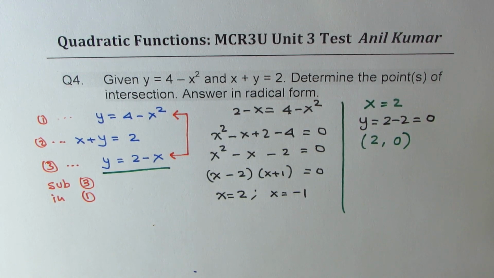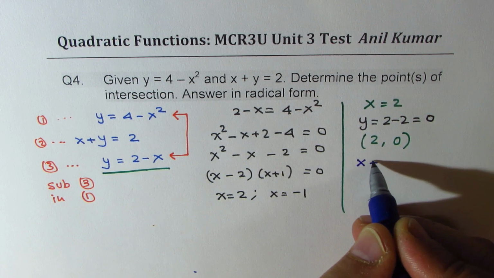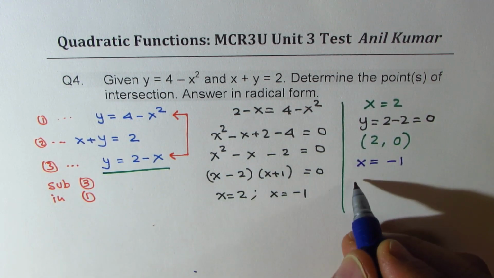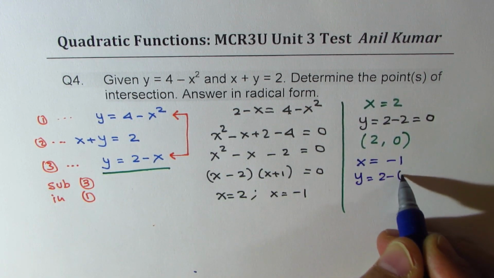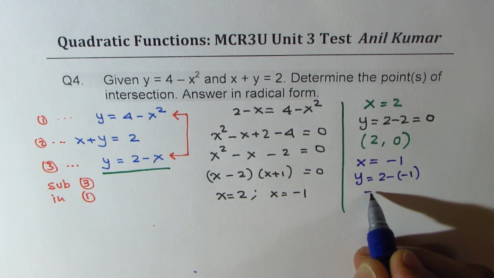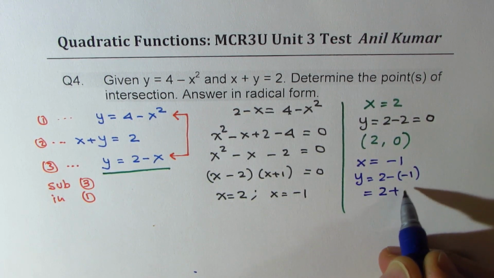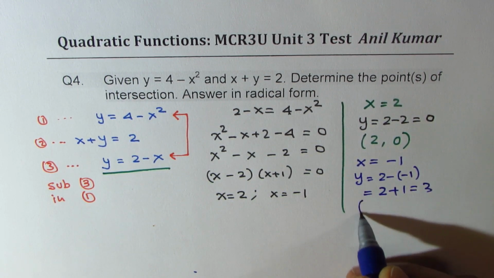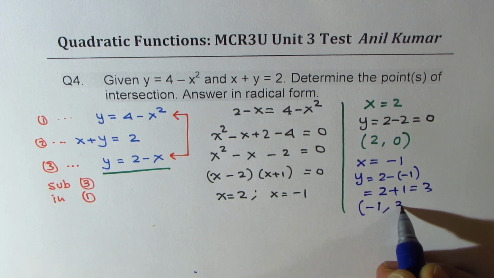Now, for the second point, we'll take x as minus 1. So if I write x equals minus 1, then the y value will be 2 minus minus 1, which is equal to 2 plus 1, which is 3, or the coordinate point is minus 1, 3.